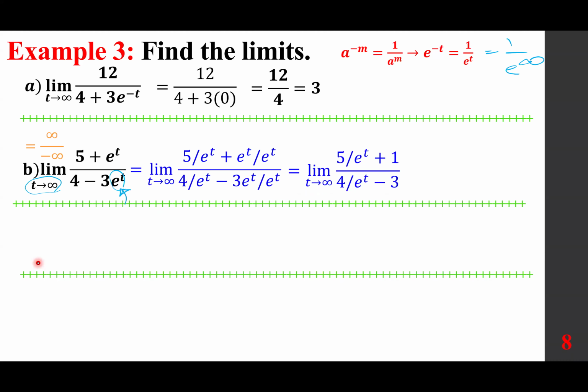When you simplify, you get the limit of 5 over e to the power of t plus 1 over 4 over e to the power of t minus 3. And since t approaches infinity, this one and this one go to 0. So positive 1 over negative 3 is negative 1/3 as the final answer.